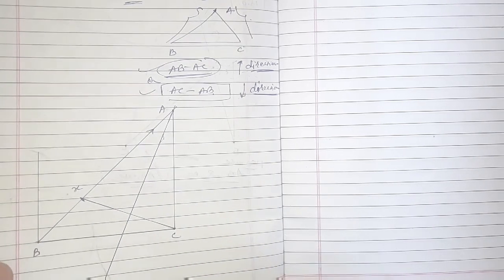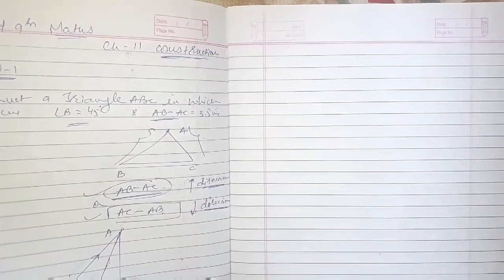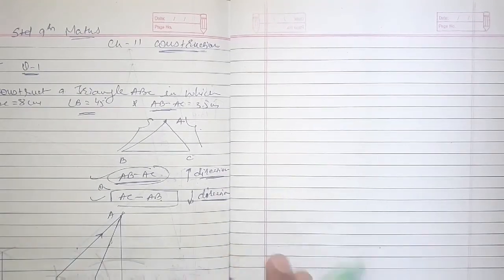Okay, second question, that is question number 3 of your exercise 11.2. That's a downward direction question.